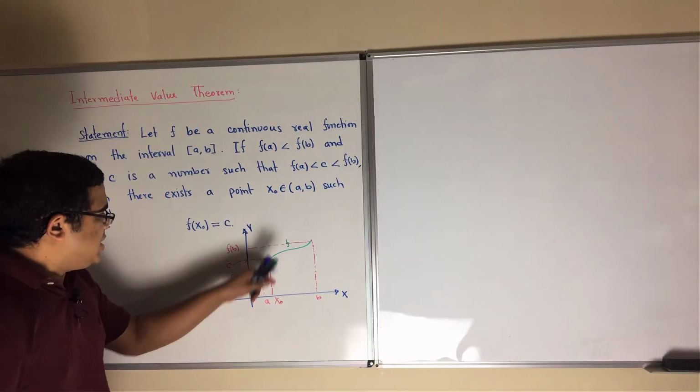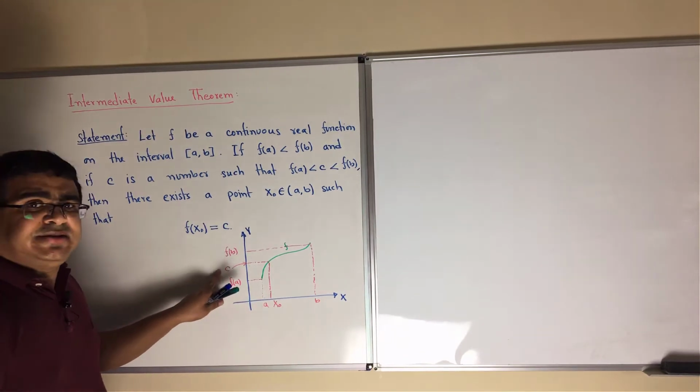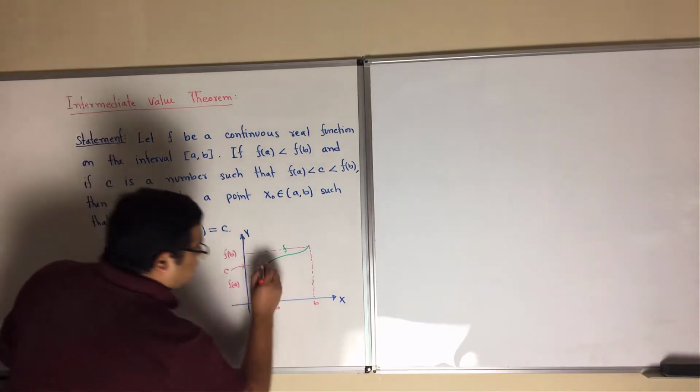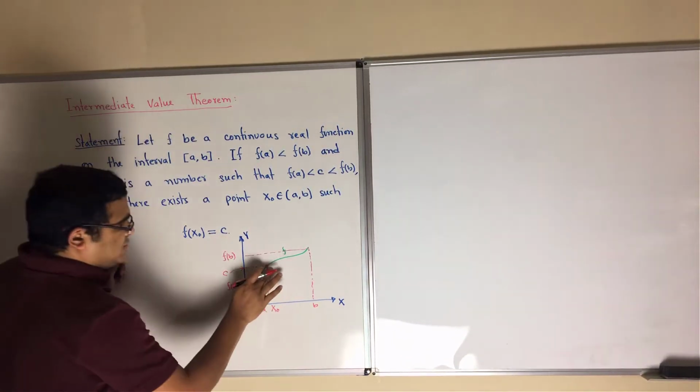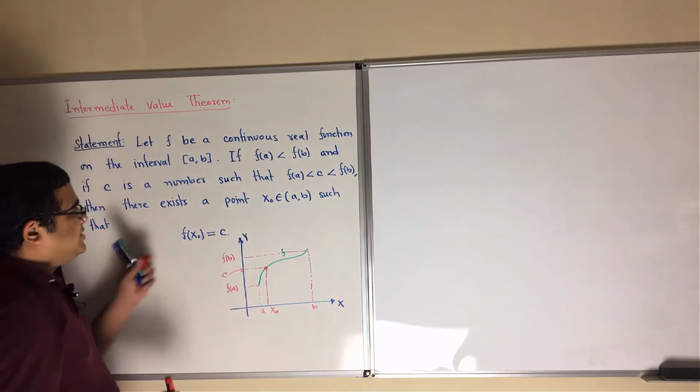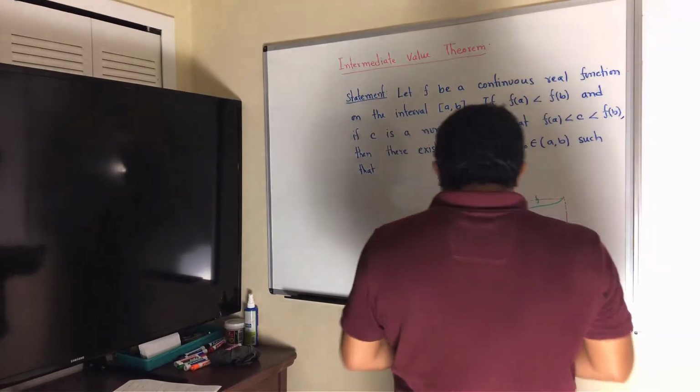At this point f of x0 is c. This is the intermediate value theorem. Now, we will learn its proof.